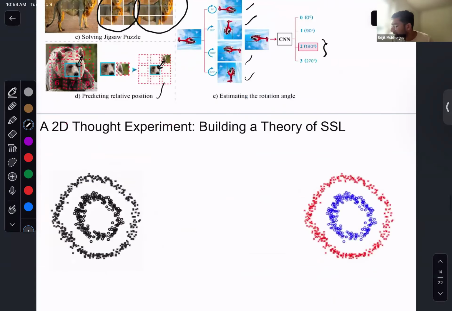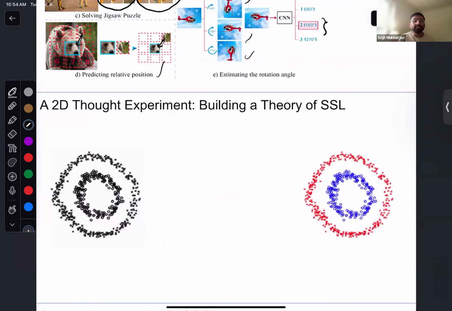To understand why the next part is important, we will spend some time to do this 2D thought experiment to build this entire 3D of SSL. So let's say you have these two circles, two sets of data which we do not know, they are unlabeled, but we can clearly see a structure. Okay.